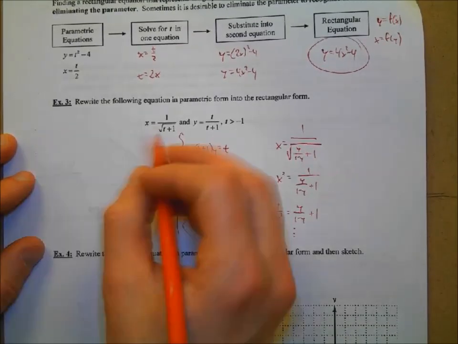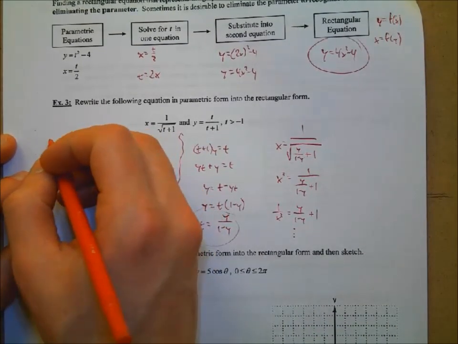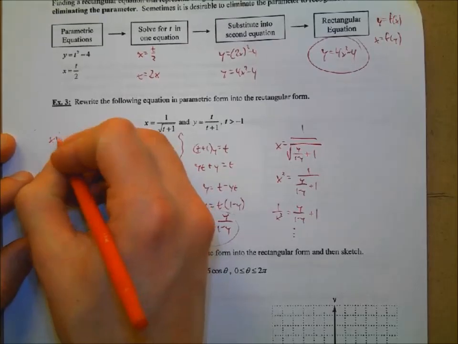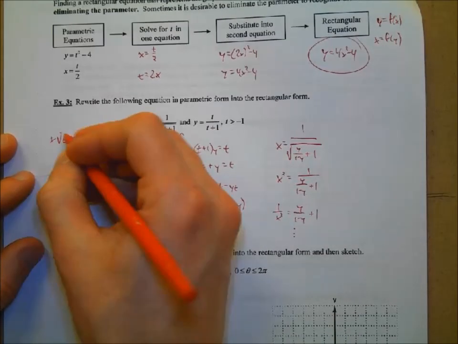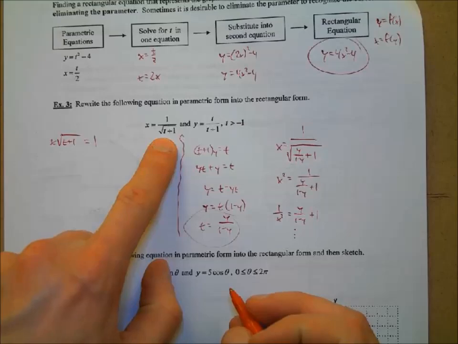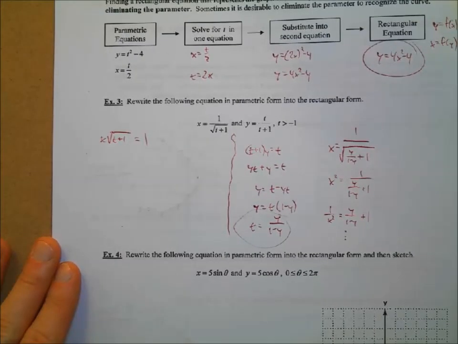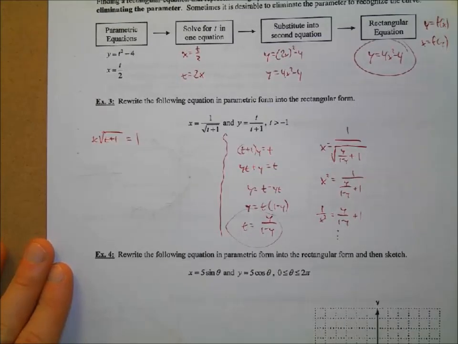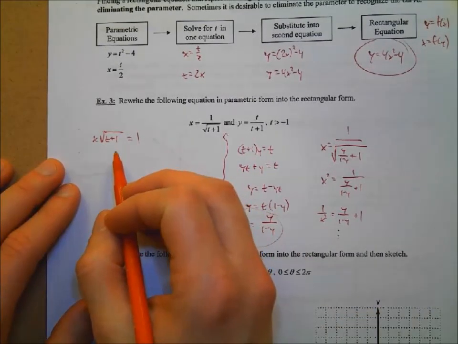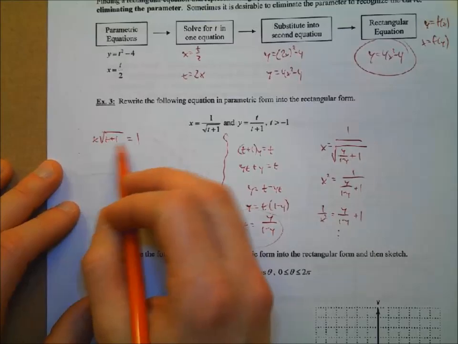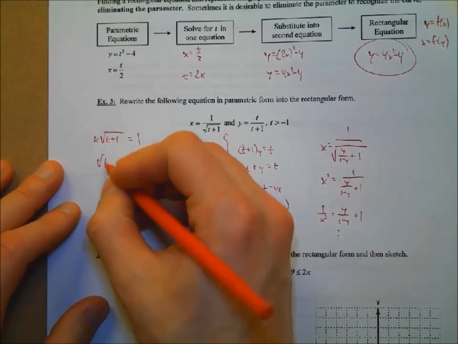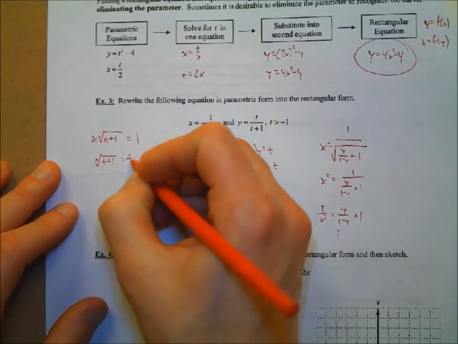If we multiply here, we get x square root of t plus 1 equals 1. So again, I just multiply that root t plus 1 over to the x. Okay. And then we'll divide both sides by x first. We'll do it that way. Like so.